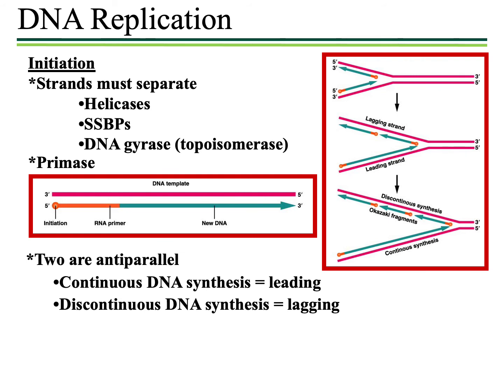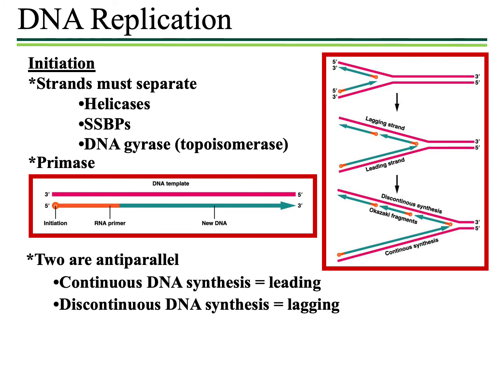Well, Watson and Crick had proposed that the strands must separate, and in fact, that is exactly how DNA replication is initiated. There are enzymes that are known as helicases, and helicases are enzymes that can unwind or separate two strands of DNA. So helicases recognize a position in the DNA and begin to unwind the DNA.